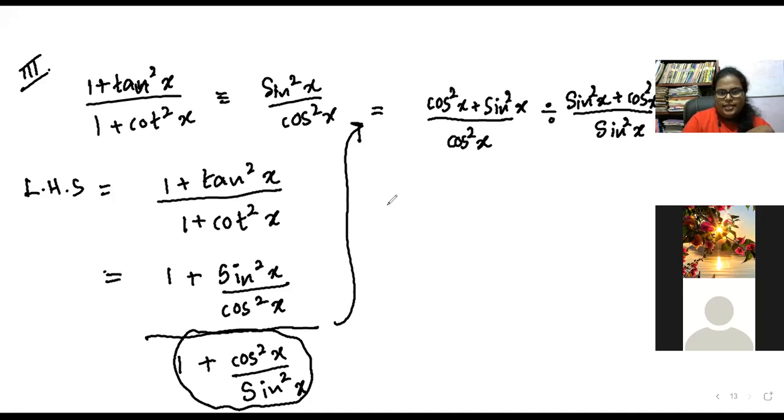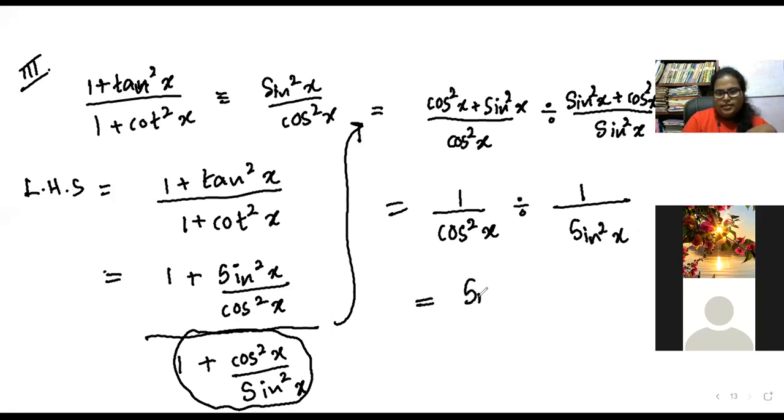You know that sine square x plus cos square x is equal to 1. So 1 over cos square x, divided by the same thing, 1 over sine square x. So you can simplify this as sine square x divided by cos square x. It is also equal to the right hand side.